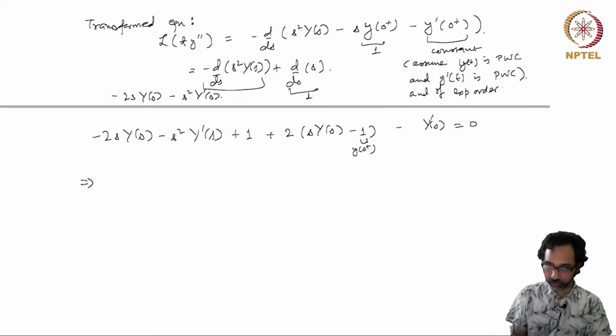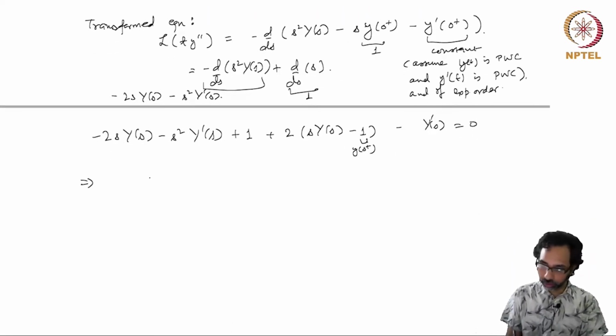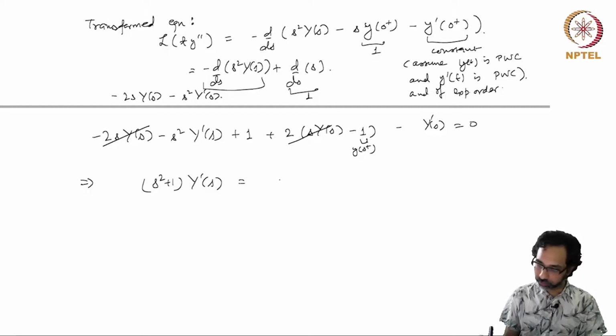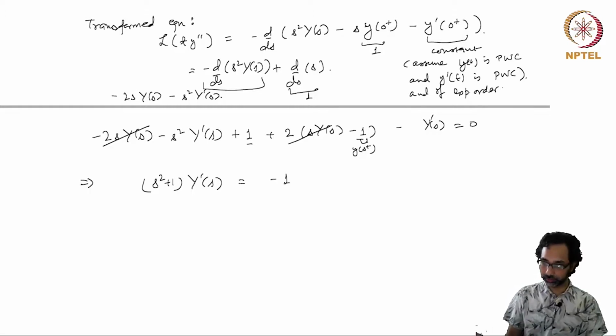So, we can rewrite this as s square plus 1 times Y prime(s) equals, so minus 2s Y(s) plus 2s Y(s) will cancel out, and you will have minus 2 plus 1, this is minus 1.